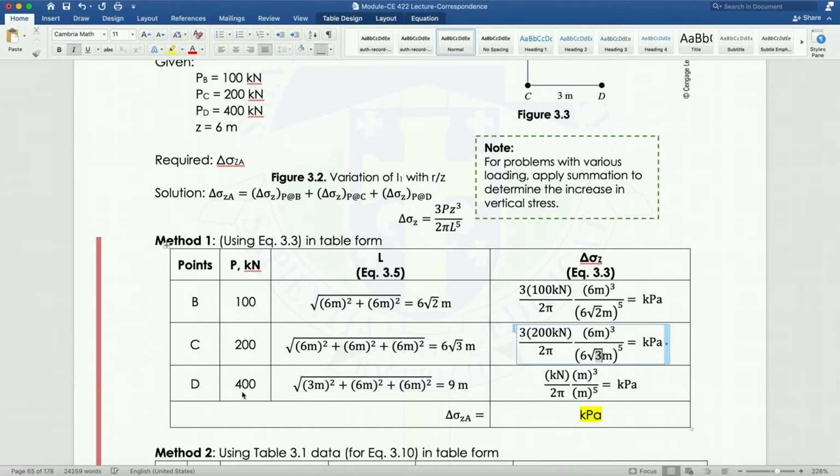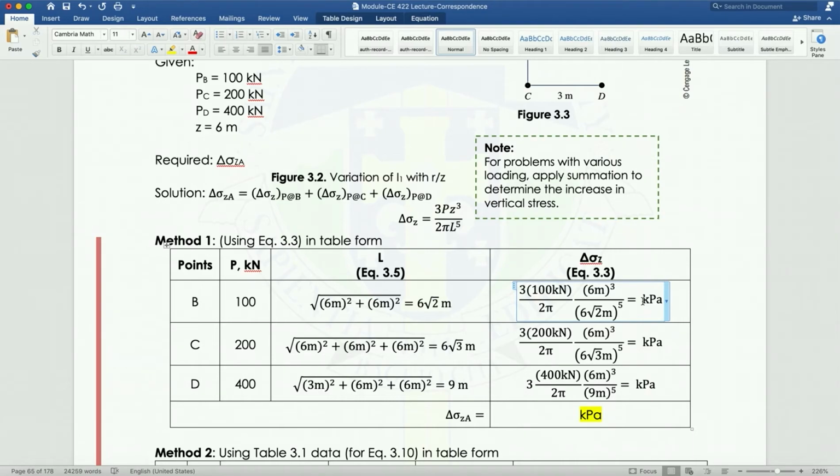Next, for point D, we have 3 times 400 times 6 meters divided by 2 pi times m, which is 9 meters. Okay, and we can now get our delta sigma z at point A. So we have 3 times 100 over 2 times pi.